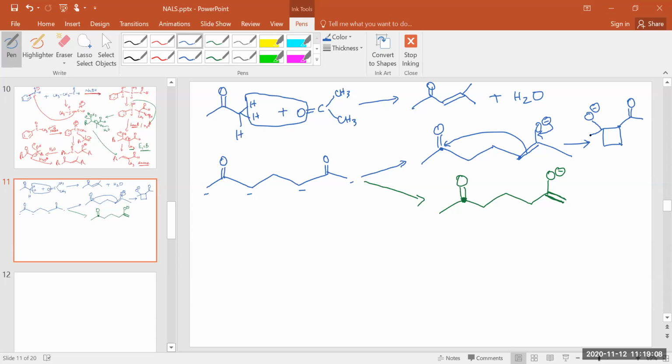Now, if this one reacts, what will be the ring size? Here you see 1, 2, 3, 4, 5, 6. So you will see it like this one.